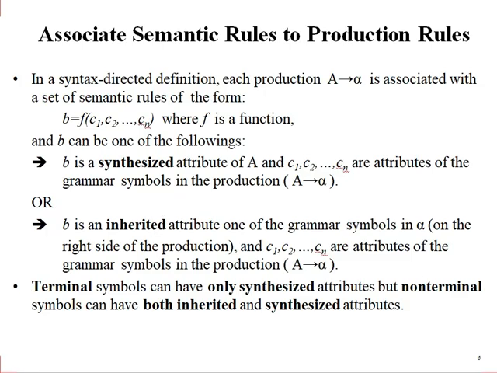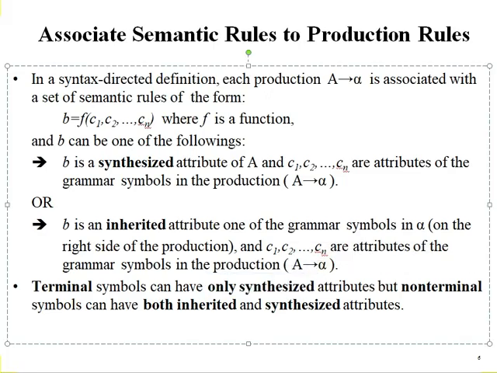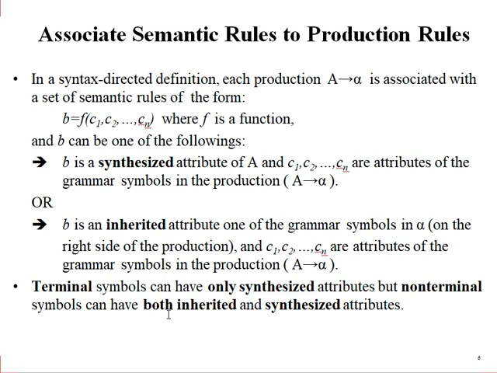And a very important note here that you should keep in your mind is terminal symbols can have only synthesized attributes. Only synthesized attributes. But non-terminals can have both inherited and synthesized attributes. So for a given non-terminal, we can attach inherited attribute, or we can attach synthesized attribute.